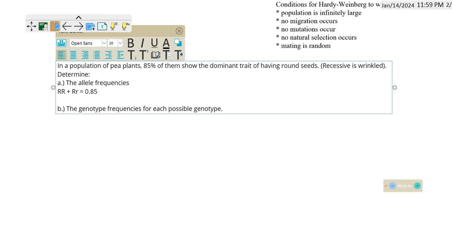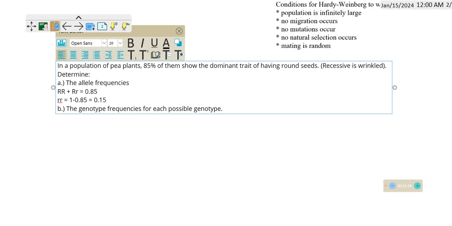Now, I can't just divide 0.85 by 2 to figure out how many are big R, big R and how many are big R, little r. But what I do know from this is that the other possibility is little r, little r. Little r is going to be equal to 1 minus 0.85, which is equal to 0.15.